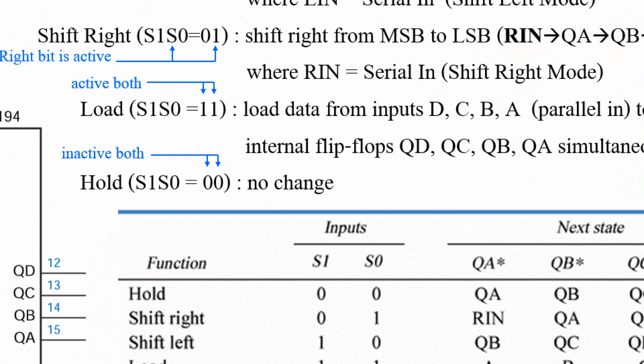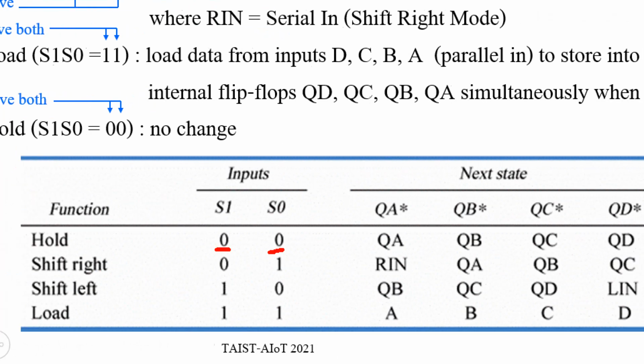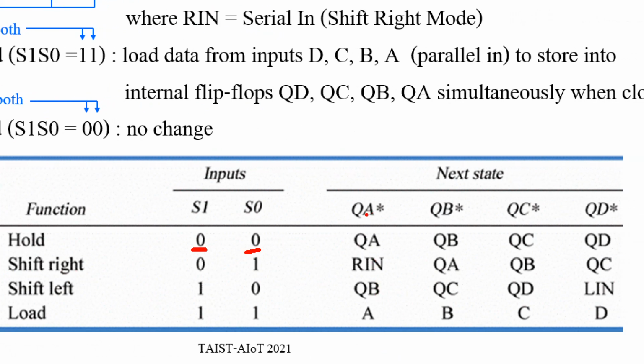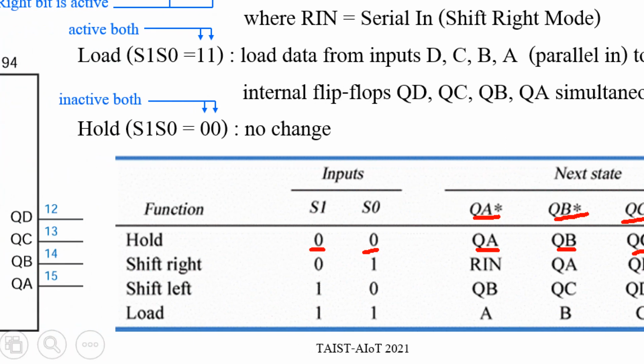Namely, if the control inputs S1, S0 are 0, 0, when the clock ticks, nothing changes. QA stays QA, QB stays QB, QC stays QC, QD stays QD.